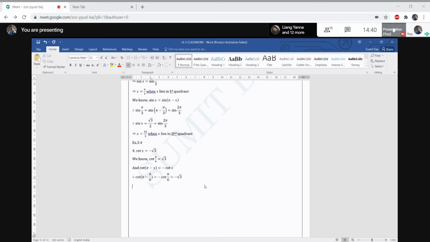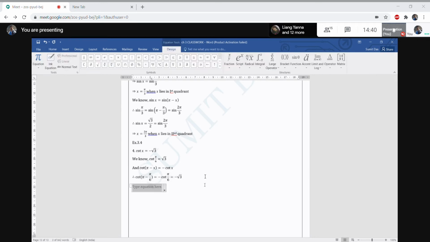Therefore, next line we will write cot(pi minus pi by 6), this is 5 pi by 6. Cot(5 pi by 6) is equal to minus square root of 3.